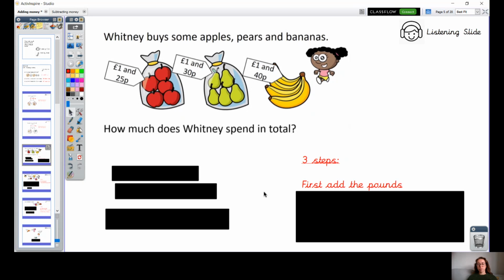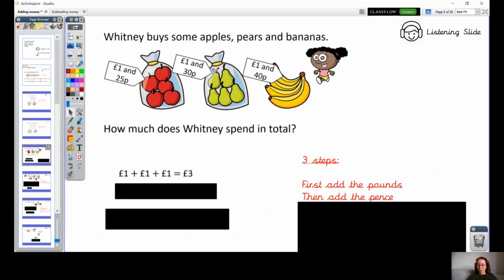Step number 1, first add the pounds. So if I have a look at each price tag, I can see there are some pounds there. I've got a £1, £1 and £1. 3 £1 make £3. Nice and easy maths for us. Then add the pence. So I'm going to look back to my price tags and see what the pence are.